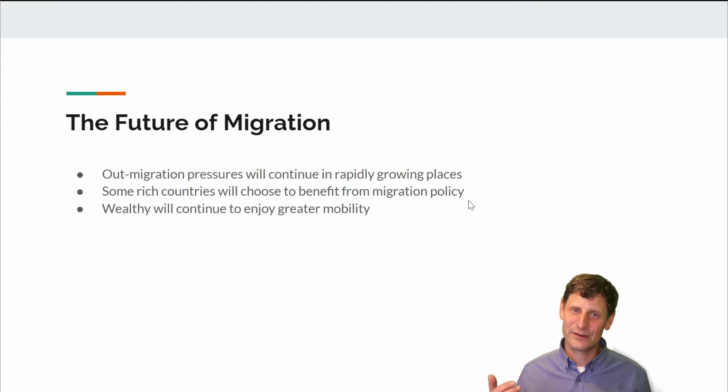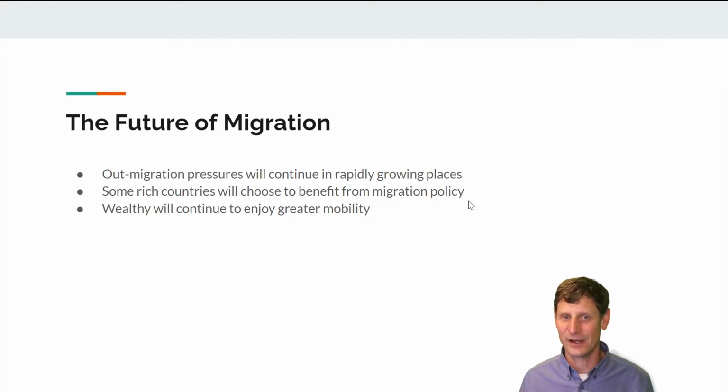But it's at the risk of losing competitive footing because there are going to be some wealthy countries in the world that choose to accept migrants and choose to benefit from that, because migrants, you can look back to any period in American history and find lots of examples of migrants being very successful as a first generation American.